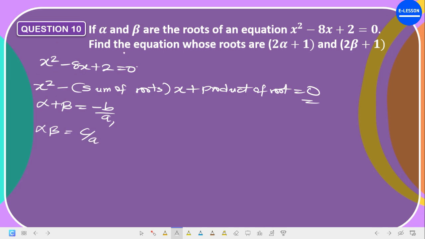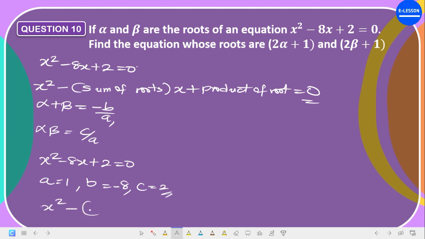If you are given an equation like s squared minus 8s plus 2 is equal to 0, your a is 1, which is the coefficient of the squared term. The coefficient of s is your b, so b will be minus 8, and c will be 2. So this gives us s squared minus the sum of the roots.